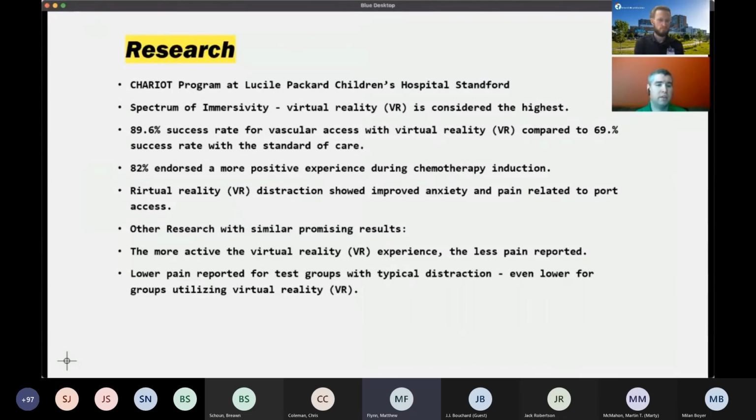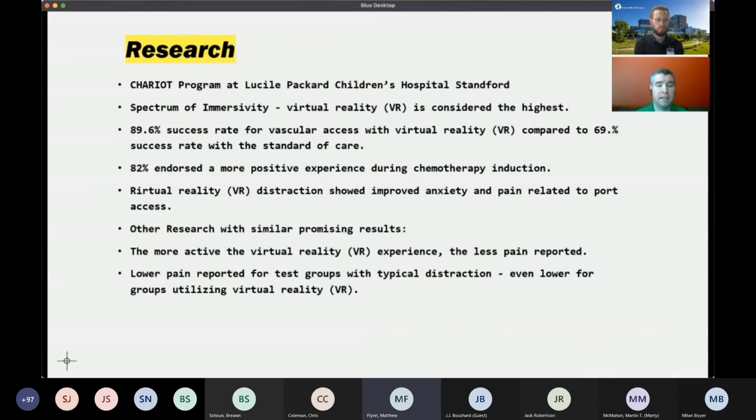And we encourage anyone to go look into this research and keep up with it, as it is frequently evolving as the technology itself is evolving. VR devices have come a long way, I would say, just in the last 5 years, but especially in the last 10, 15, 20 years.